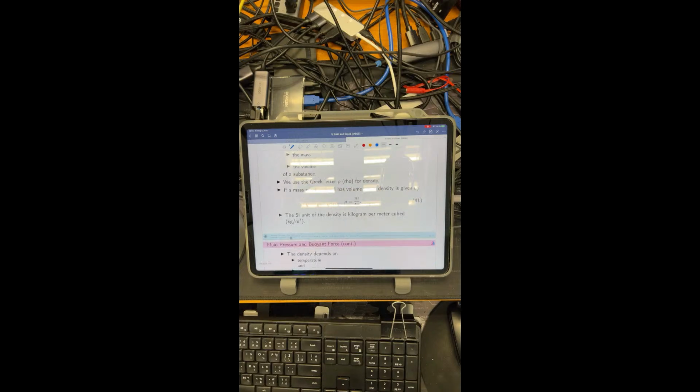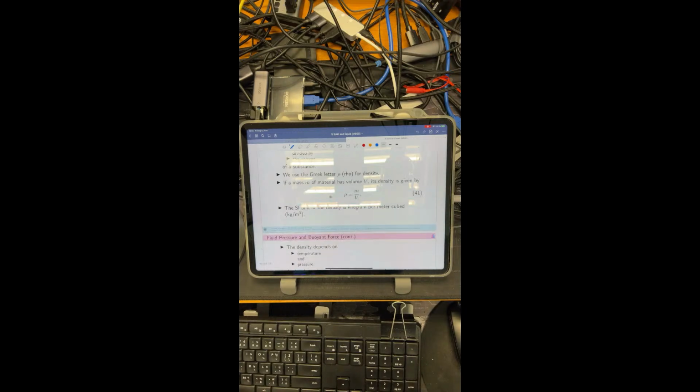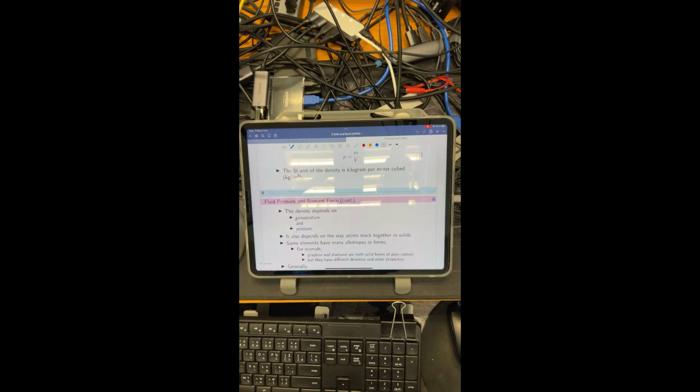All right, let's go further. The density is not fixed. It depends on temperature and pressure, especially for gases. If the volume changes, its density also changes. There are so many factors that change density.